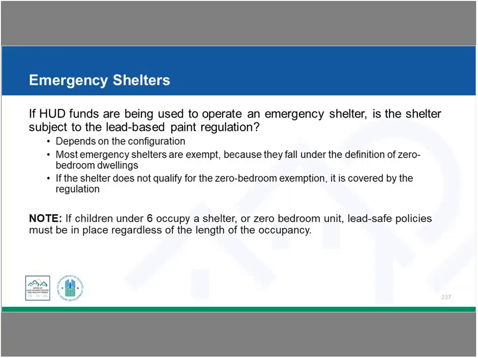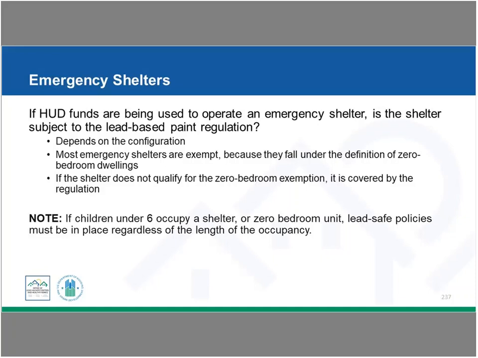Other shelters, perhaps for example, ones that are designed specifically for families, where we have separate bedrooms having been created to be more appropriate for those households, those are going to fall under Subpart K. If we can't qualify this as a 0-bedroom dwelling, then we will have to follow the requirements, which again means visual inspection, treating any unstable painted surfaces using certified staff, and then also a clearance.